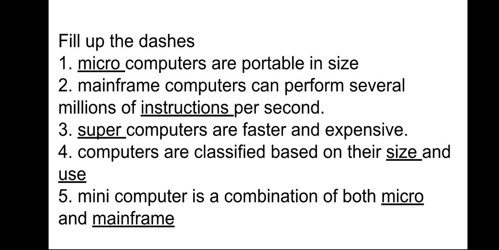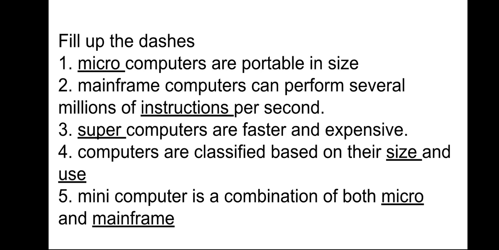Mainframe computers can perform several millions of instructions per second. Means in a second they can process millions of instructions. At a time many people can work with a mainframe computer and all will pass some instructions.